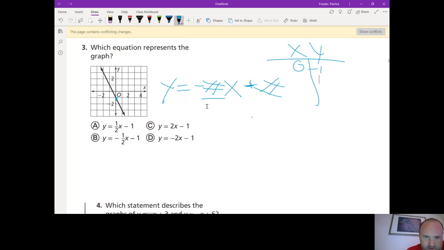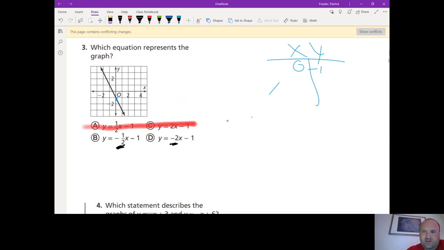All of these have -1, but again, we can wipe out the ones that are positive x. So I'm going to cross that out, and we're going to be left with either -1/2 x minus 1 or -2x minus 1. The y-intercept's the same in both cases, so we're just looking at the slope.